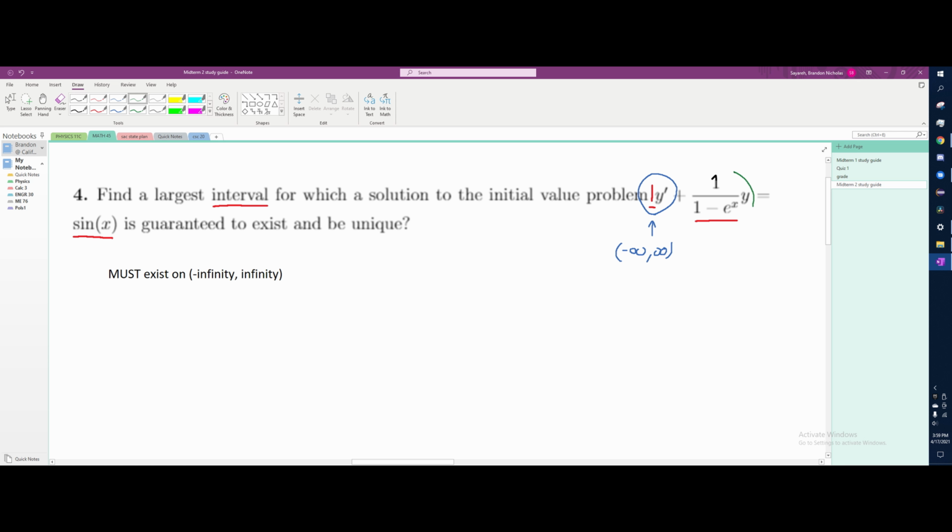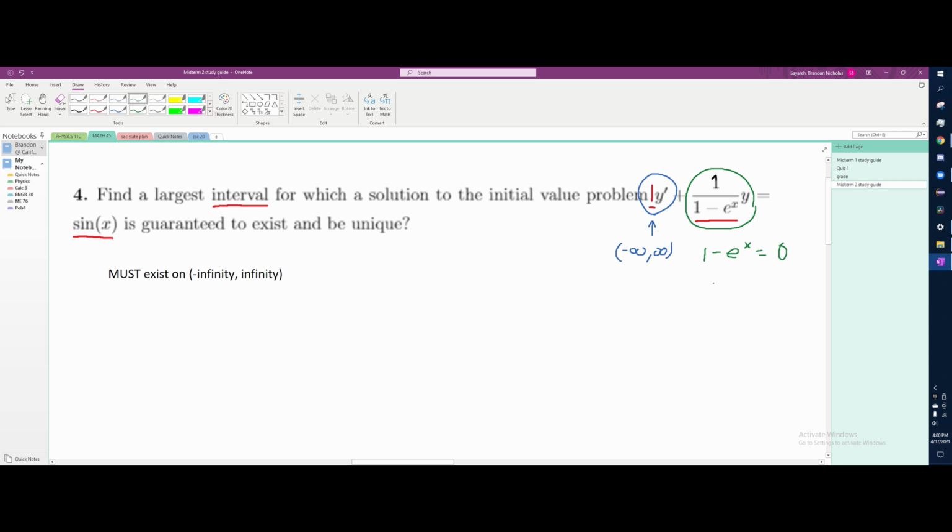Next, we're going to look at what is in front of y. So for this, we're going to look at 1 over 1 minus e to the x. When we're looking at this, it is not continuous at one point. And we can find this by setting the bottom equal to 0, because the bottom cannot equal 0, since anything over 0 is not allowed.